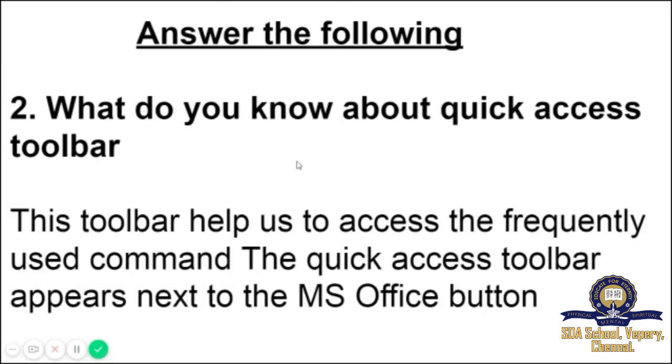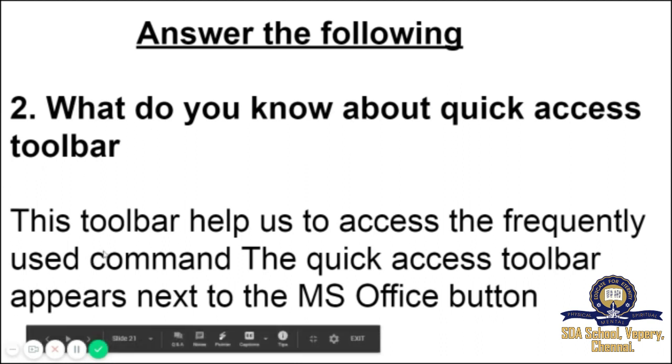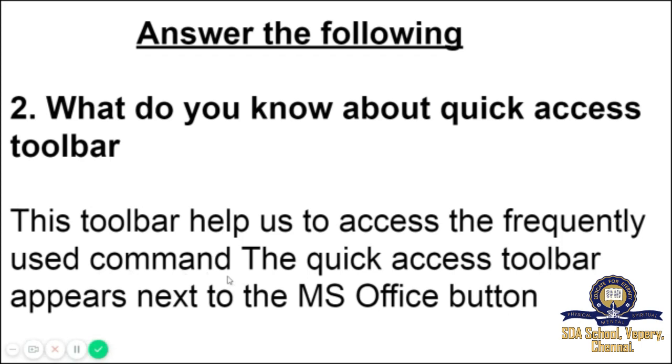Next, answer the following. What do you know about the quick access toolbar? This toolbar helps us access the frequently used commands. While working we make many mistakes, isn't it? If we type anything wrong, then we need undo. Then redo again and again. If we need to repeat a certain action, we do redo.